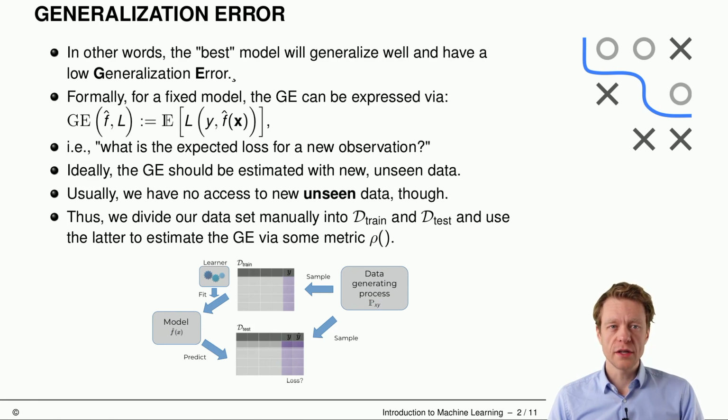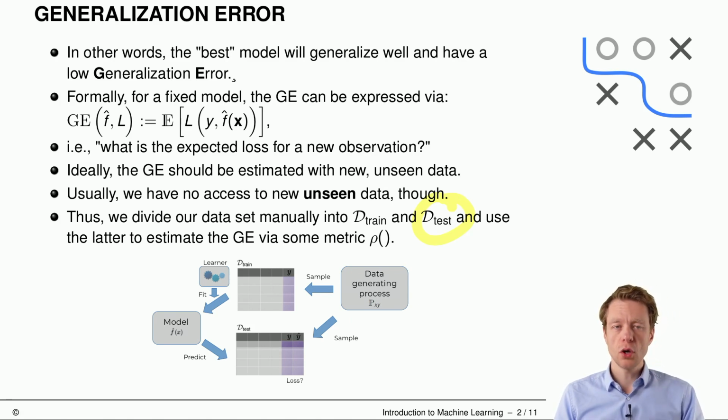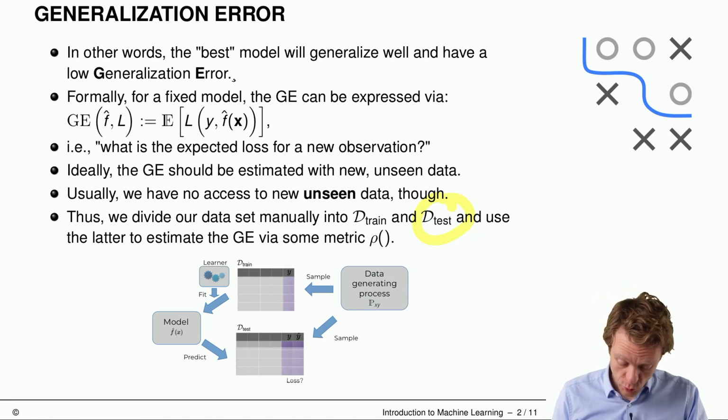So what we can do is we divide our data set manually into dtrain and dtest and use the latter, so dtest, to estimate the generalization error via some metric rho, which I will tell you more about in the next slide.